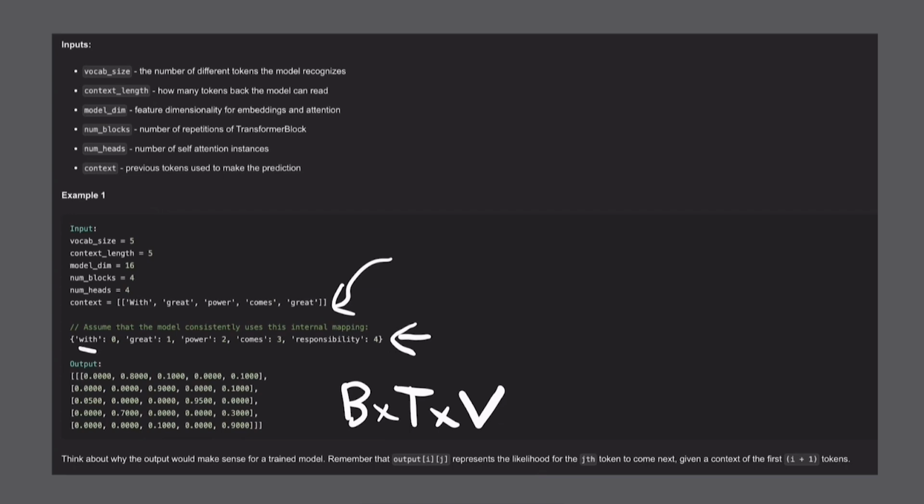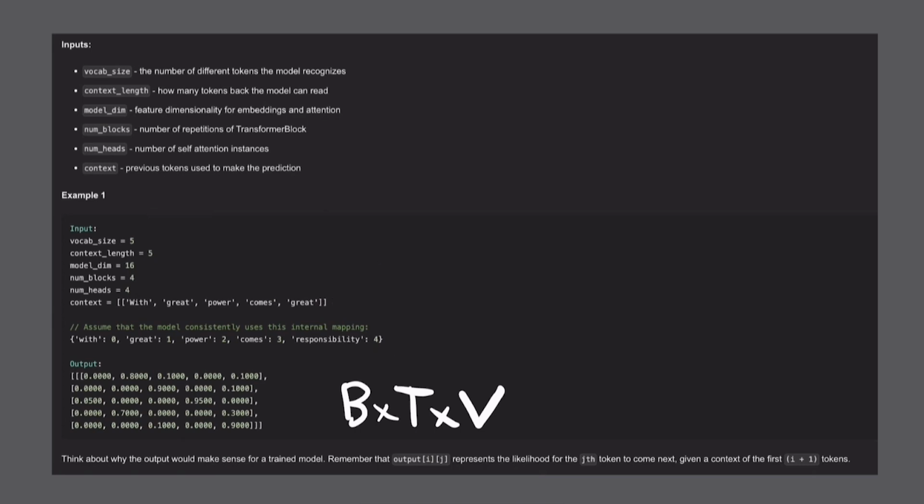So we can say "with" maps to 0, "great" maps to 1, "power" maps to 2, and so on. So in the final layer of the neural network, where we have vocab size, or capital V, neurons, we'll say that the 0th neuron corresponds to "with," the first neuron corresponds to "great," and so on, all the way until the V minus 1th neuron.